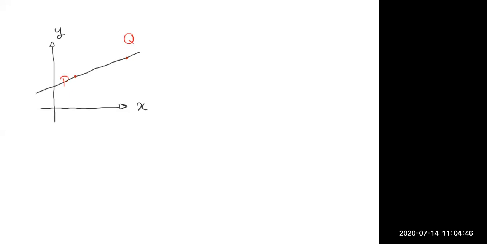That's the important thing about Euclidean geometry. For any 2 points, there is a unique line which passes through those 2 points.